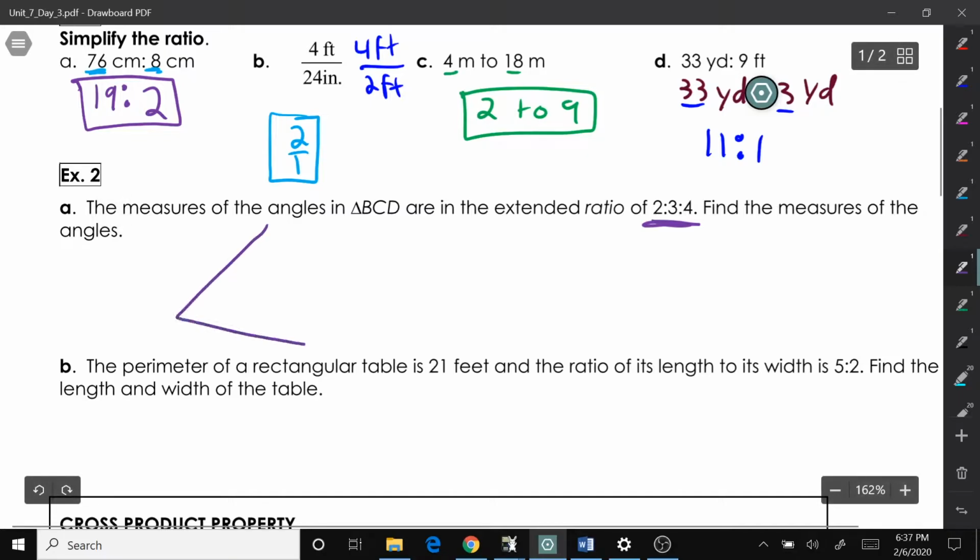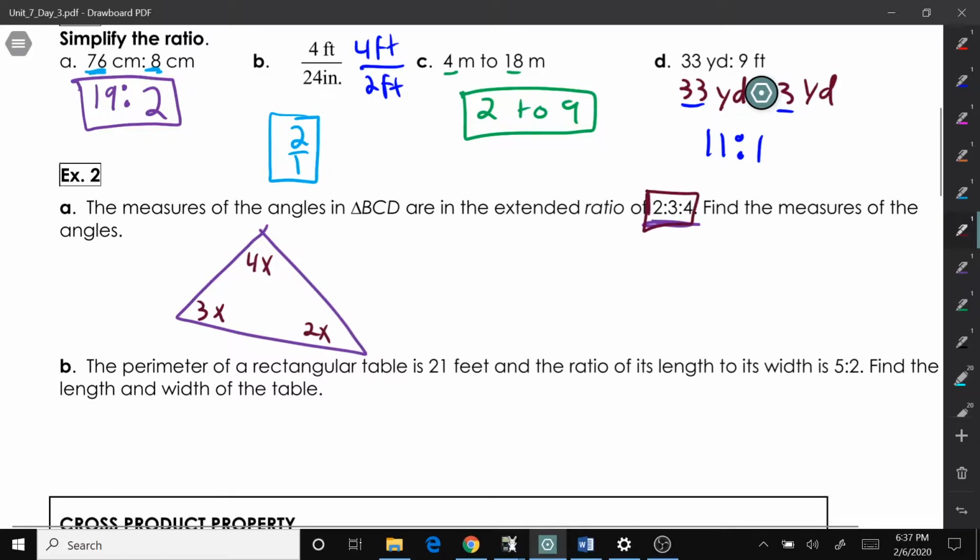So what I like to do is I like to draw a picture, and I just like to label the angles 2x, 3x, and 4x. And the reason I get 2x, 3x, 4x is from our ratio up here. And x is the number that we can reduce by.